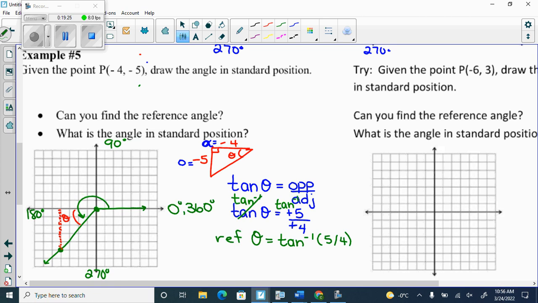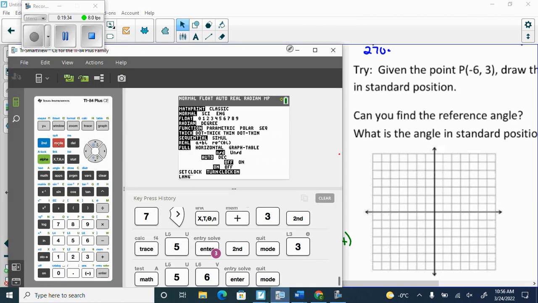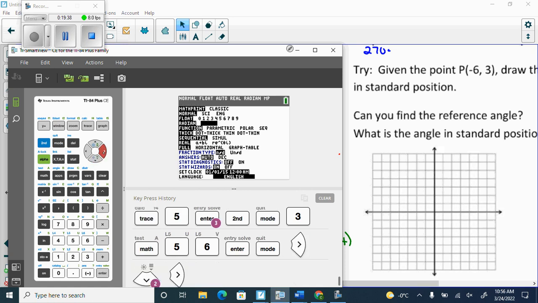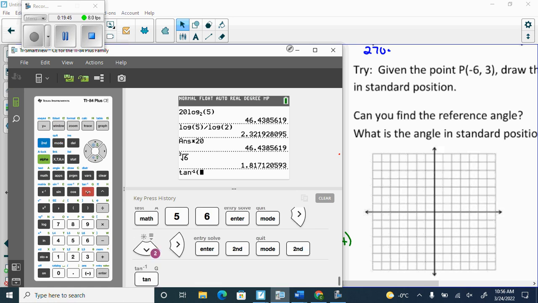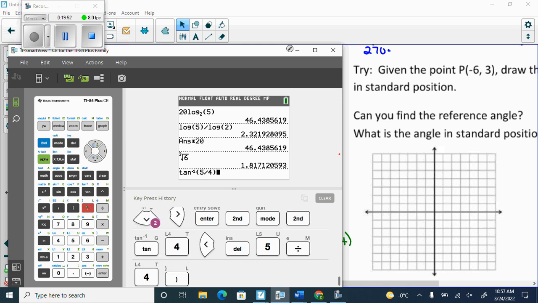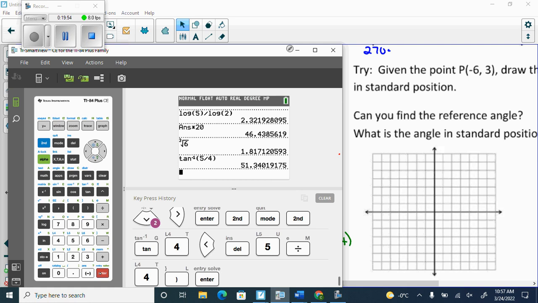So our reference angle is 51 degrees. Remember, you need to be mode, and down here you need to go to degrees and hit enter. Then second mode gets you out of that screen. Then we can go second tan, because that's tan inverse, of 5 divided by 4, and you get 51.34, blah, blah, blah.